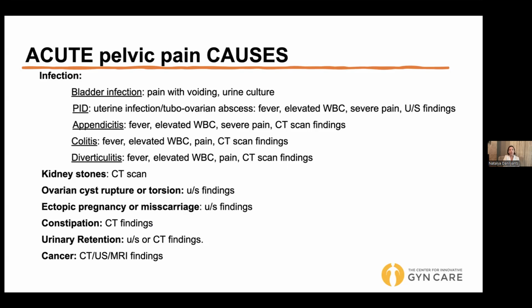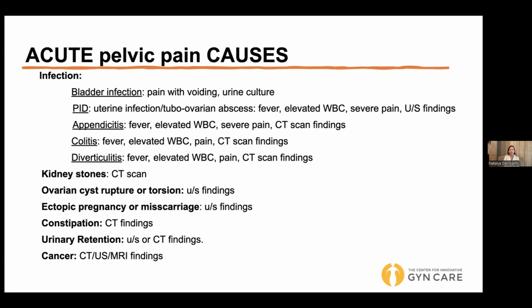Colitis, which is inflammation or infection in the bowel, in the intestine. Again, elevated white blood cell count. Diverticulitis is going to be somebody who has history of diverticulae, which are little outpouchings on your large intestine. And again, these are diagnosed with CT scan and blood work.